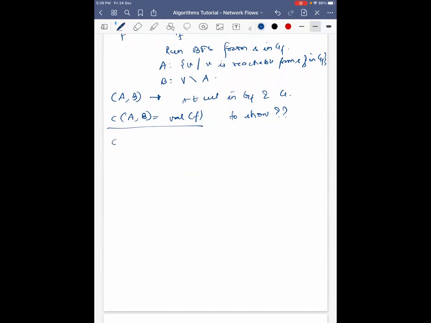So let us consider an edge UV such that U is in A and V is in B. So UV is an edge in G. Now, suppose it is carrying flow equal to f_e. Can f_e be less than c_e? By c_e, I mean the capacity of this edge.